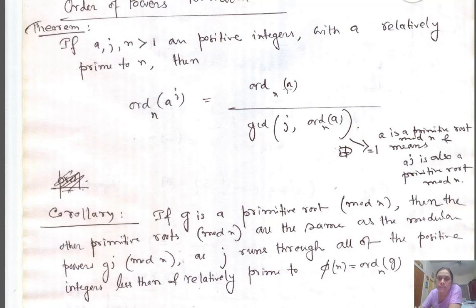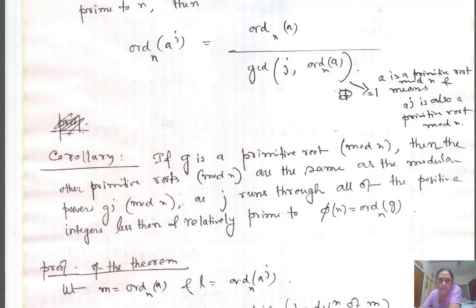So A being a primitive root means A to the power J is also a primitive root, under the condition that the denominator is 1.